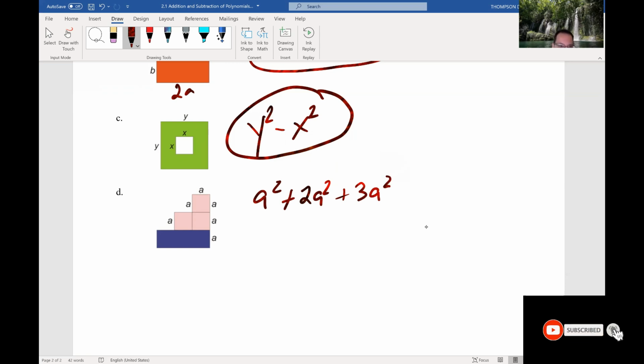So just combine your like terms. So that's going to be 3 plus 2 plus 1. That's going to give me 6a squared, and we are done.